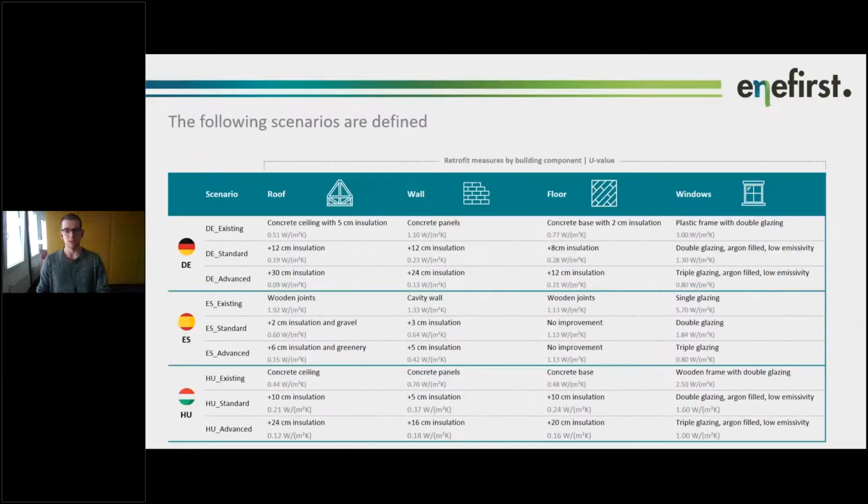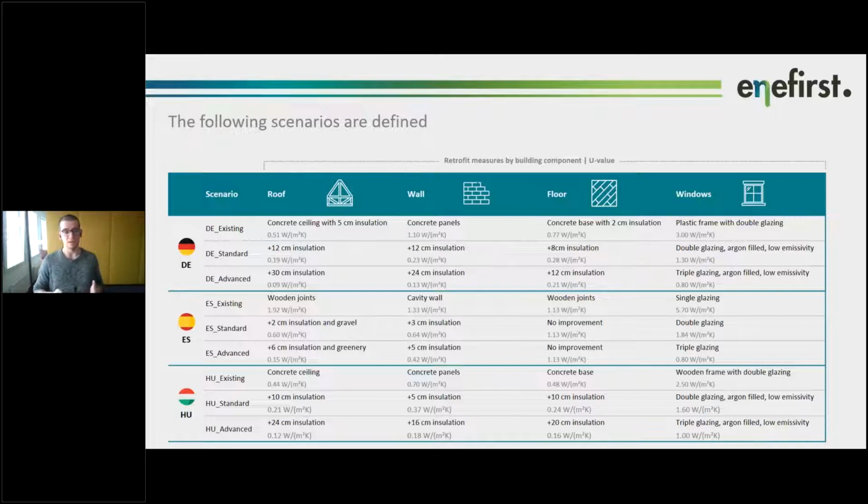So what did we do with this archetype office park and the 3 countries? We defined a range of 3 scenarios for each country, which are called existing, standard, and advanced. What does that mean? In the existing scenario, we assume that buildings within the local area stay the way they are. That means we have these buildings from the 70s with very low performance.